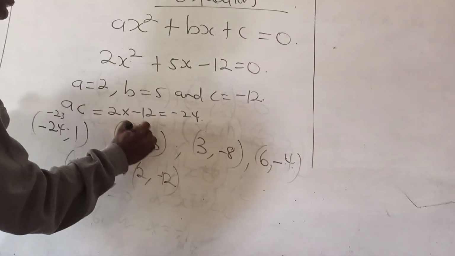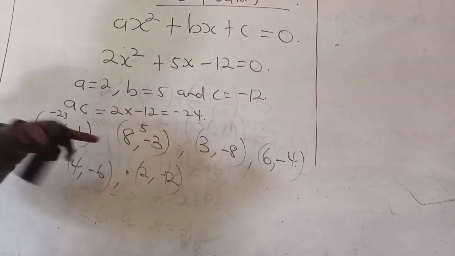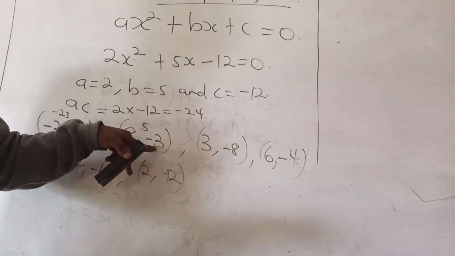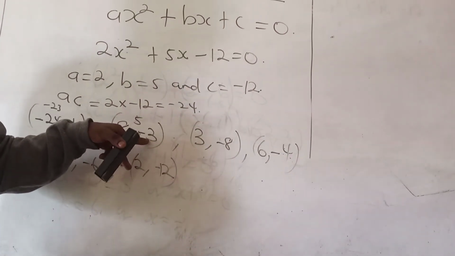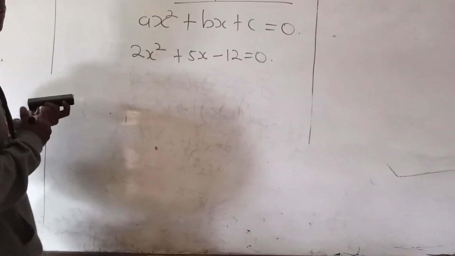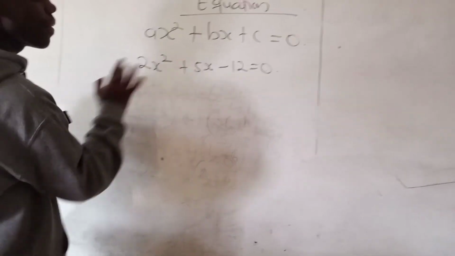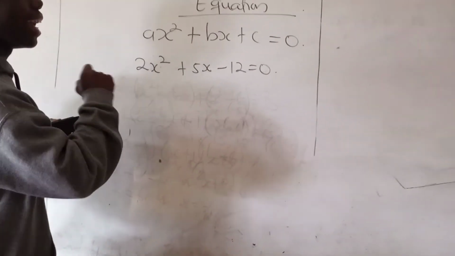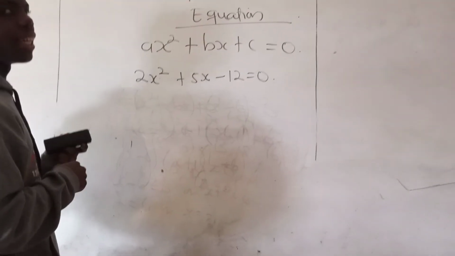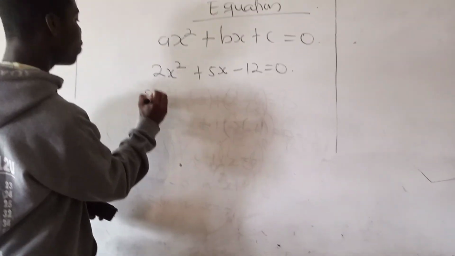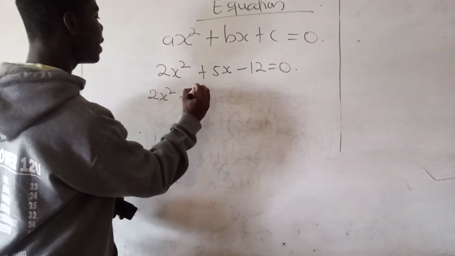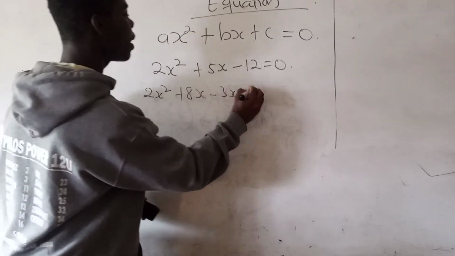This one, you get what? 5. So meaning that 8 and negative 3 will give us our answer. Let's substitute into the equation to get 4 terms, since 5x will be replaced by 8x minus 3x. So 2x squared plus 8x minus 3x minus 12 equals 0.